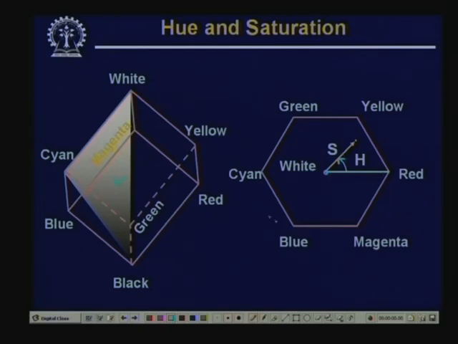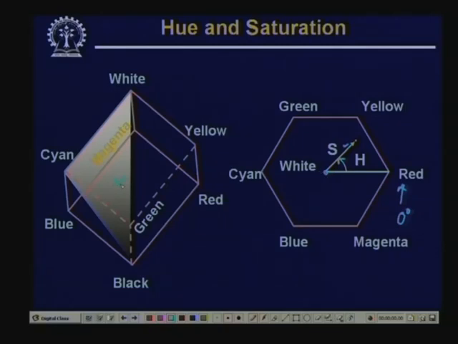So, using this particular convention, red will have a hue of 0 degree, and as we rotate this shaded plane around this intensity axis, this straight line which is its projection will also be rotated by 360 degree, and as it is rotated, the hue is going to increase. So, hue is normally measured by the angle between the red axis and the line which is the projection of this shaded plane on the plane of this hexagon.